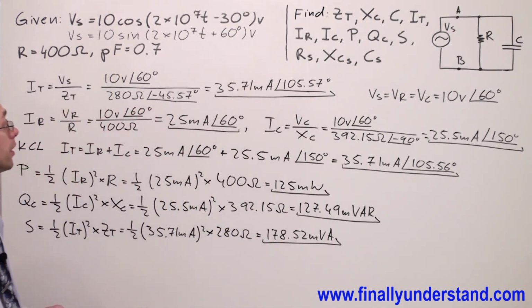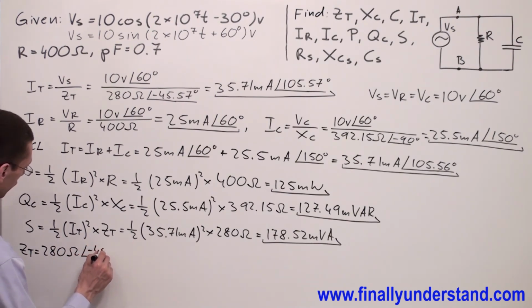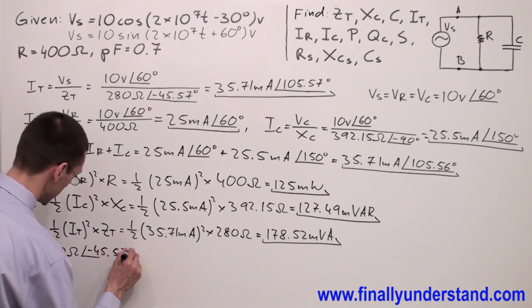Next, we're supposed to find the series equivalent circuit. So what we're supposed to do is copy down Z total. Z total was equal to 280 ohms and angle of negative 45.57 degrees.